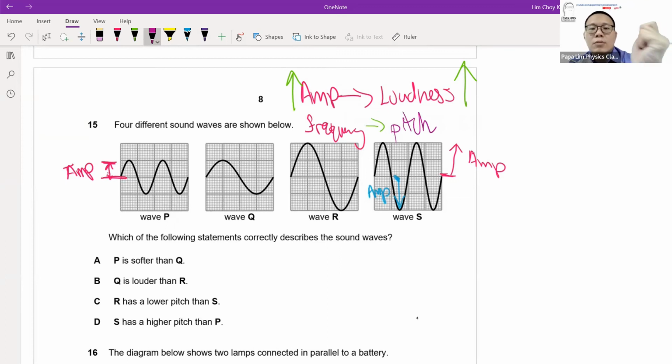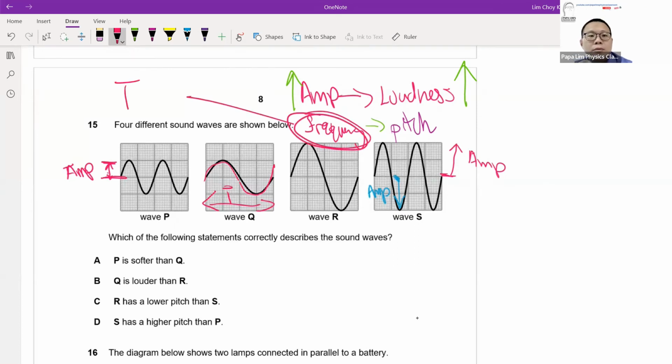If you are looking at the frequency of one cycle, or what we call the period of one cycle, you'll find this is the period. How does it relate to frequency? For frequency, we do know that your period and your frequency have an inverse relationship. Which means that the higher the period, the lower is the frequency.